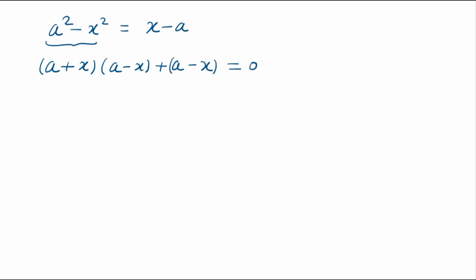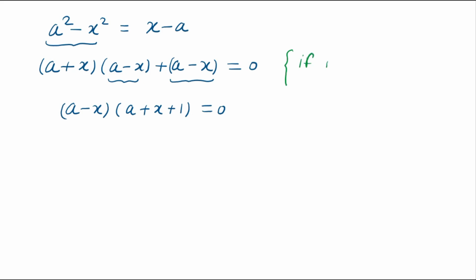Look carefully, on the left hand side we have a minus x, and a minus x is a common factor. So if we take a minus x common here, then you will get a plus x plus 1, and this equals 0. Now here we will apply this rule: if a times b equals 0, this implies a equals 0 or b equals 0.